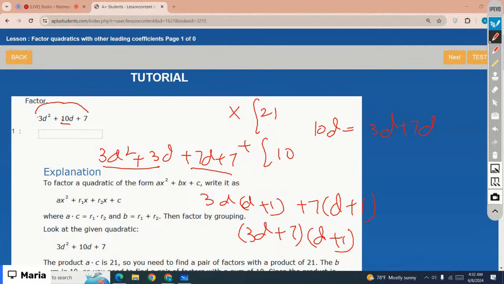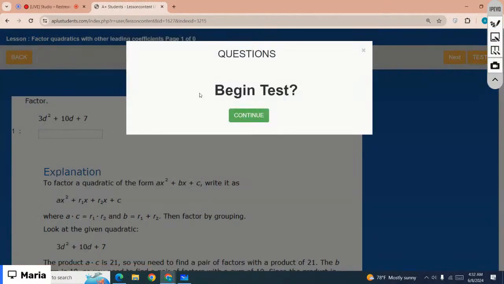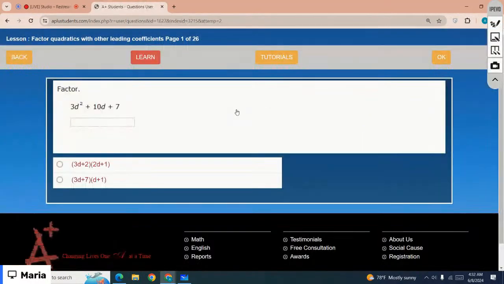Okay, let's just start with the test questions. That's the same one we just did: 3d square plus 10d plus 7. So the correct option is 3d plus 7 and d plus 1.